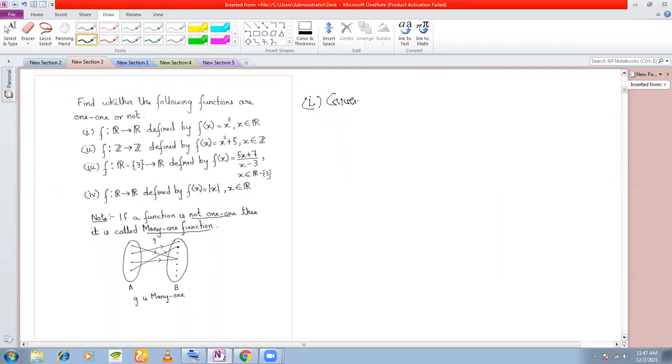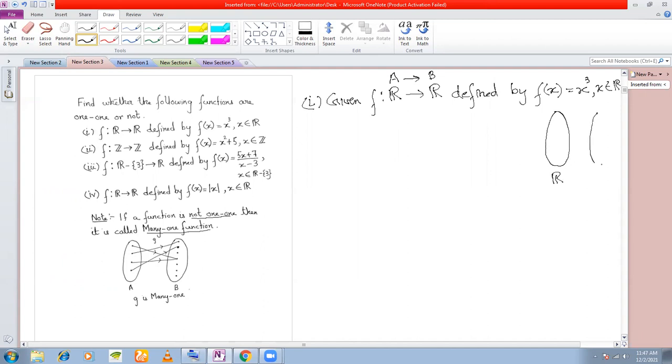Given f: R to R defined by f(x) is equal to x cube, where x belongs to R, obviously, because the set A here is R and the set B here is also R. So if you draw somewhat like this, this will be your set A, and this will also be your set R. Now how do you check? The mathematical way, I say let x1, x2 belong to R, that is the set A.